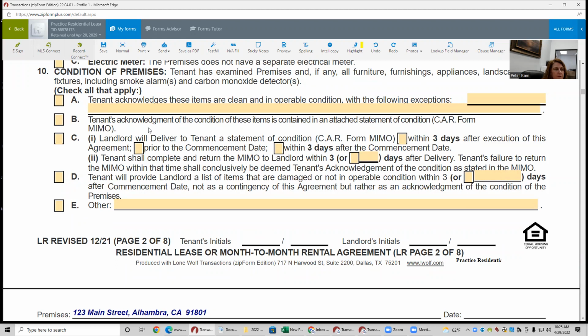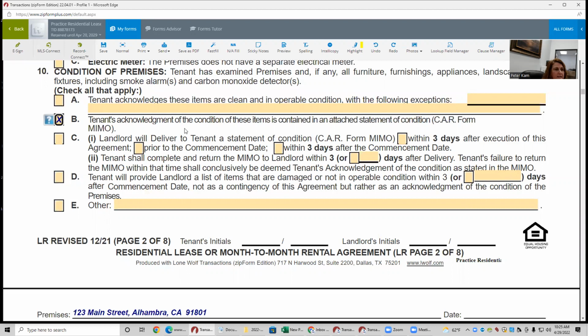So this is the move-in, move-out form. It is a required document here at Coldwell Banker George Realty. We need to have that done. So you can provide this form to the tenant, check this box. You can let them into the unit prior to commencement date. Let them walk through the unit and note the condition of the items and have them sign it.